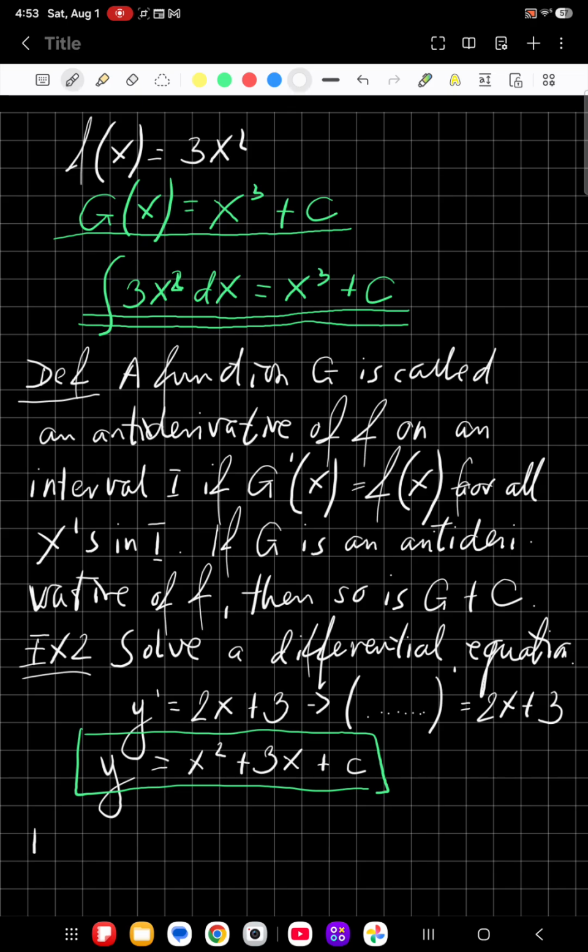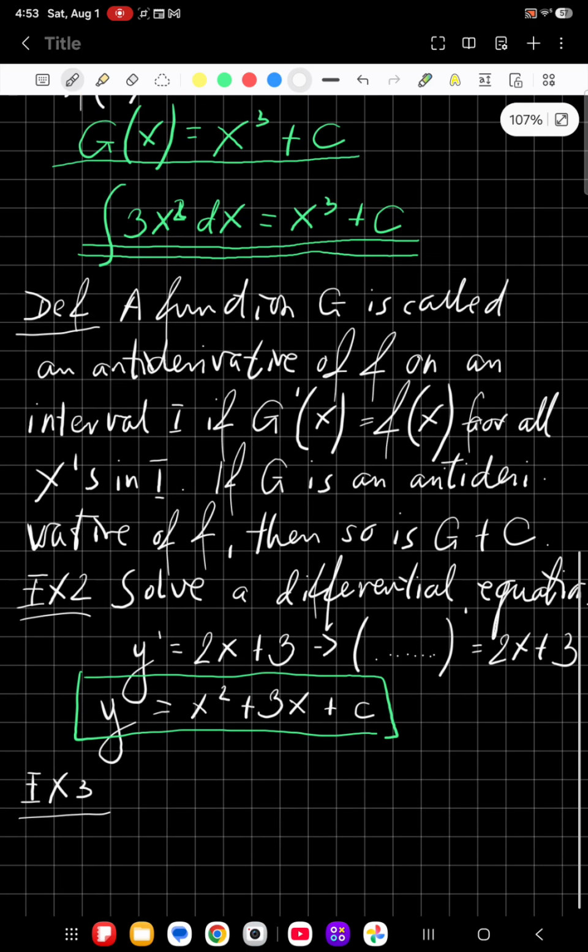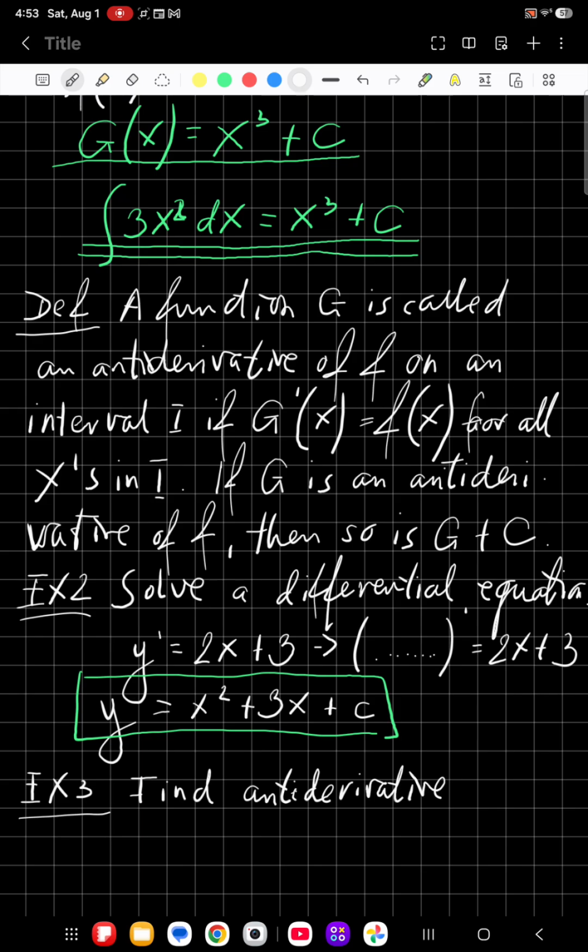Okay, so another example, example 3. So now let's write it like this. Find an antiderivative of this f of x equals cosine x. So we're looking for the g of x.